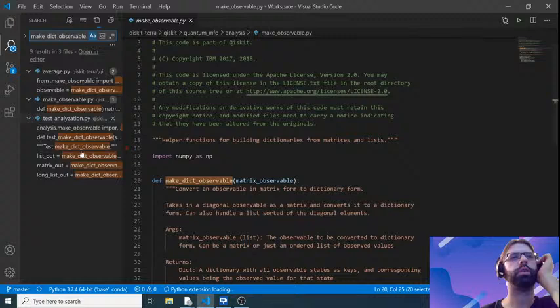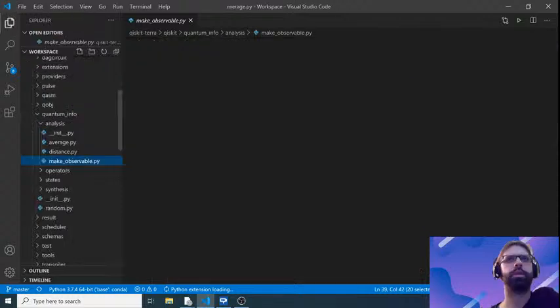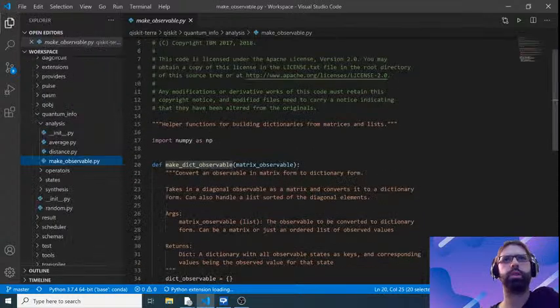It can take the observable, like the ZZ, and then it turns it into a dictionary. It converts an observable in matrix form to dictionary form. Okay, yeah. So that's all in terms of analysis.